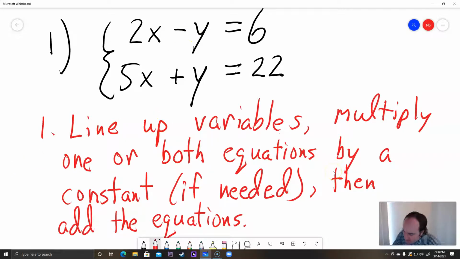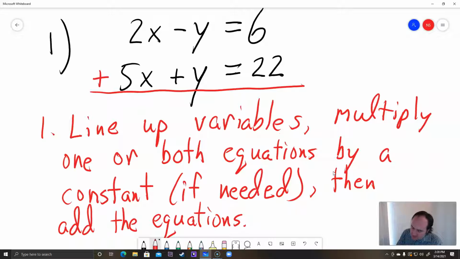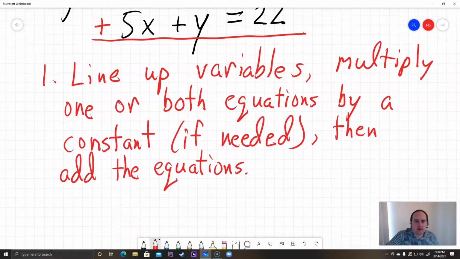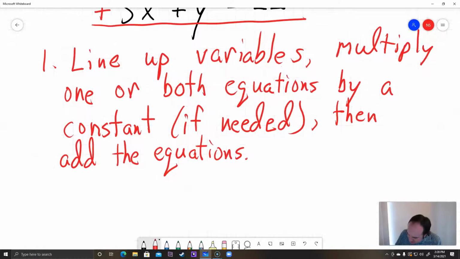All right, so how do you add them? As long as everything's lined up like this, you just add straight down. 2x plus 5x is 7x.